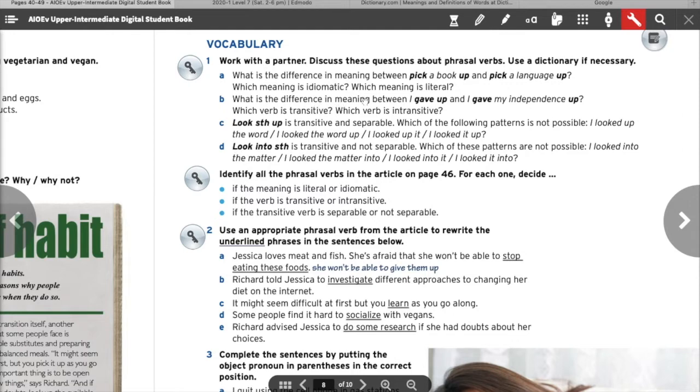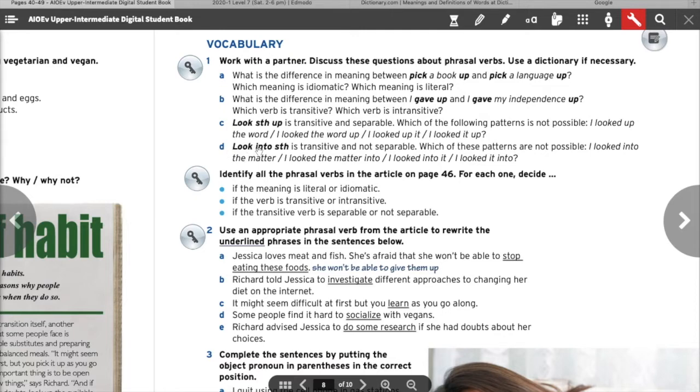What is the difference in meaning between I gave up and I gave my independence up? Which verb is transitive and which verb is intransitive? Okay. C. Look something up is transitive and separable. Which of the following patterns is not possible? I looked up the word, I looked the word up, I looked up it, and I looked it up.